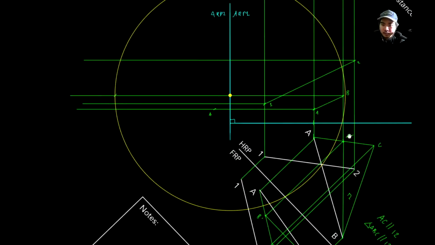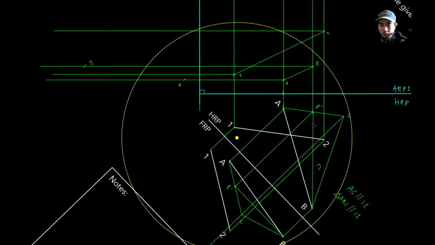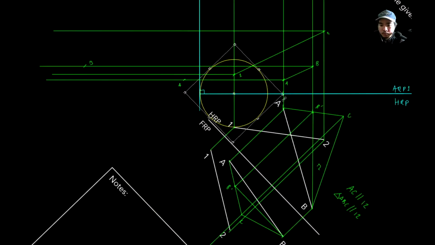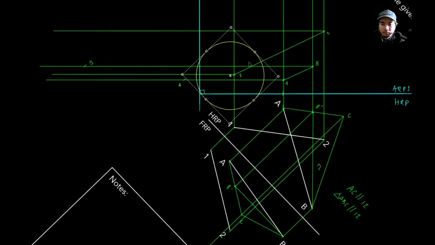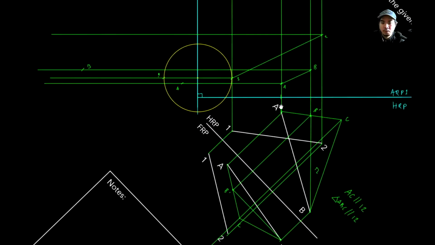Ano pang next line natin? Point 1 is B. Point 1 is this one. Okay. Point 1.